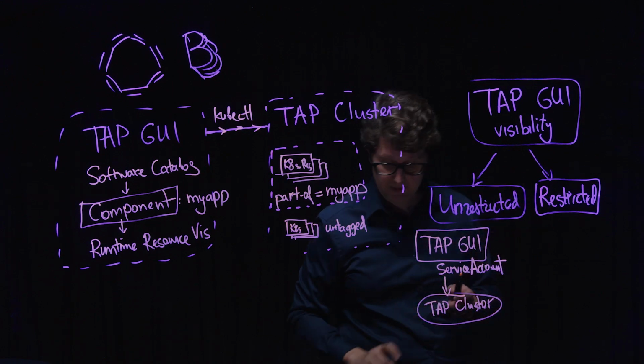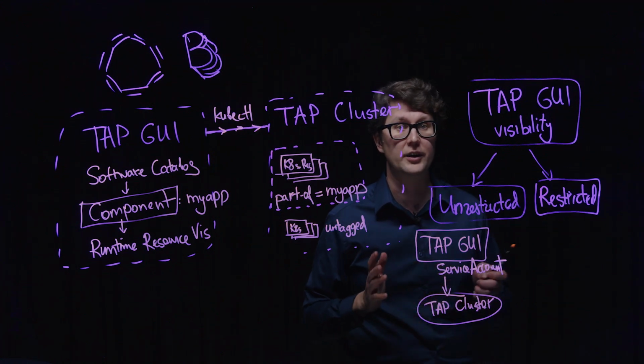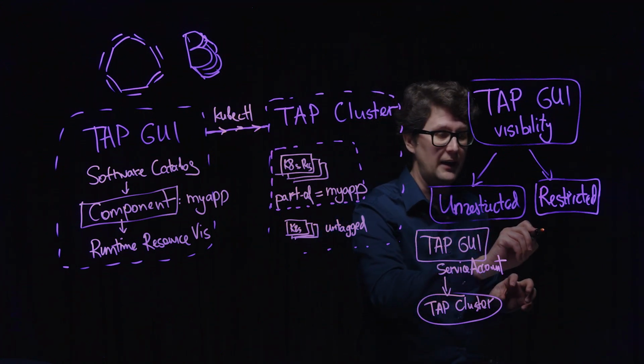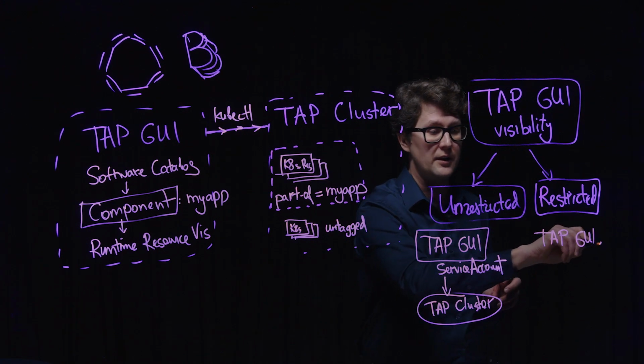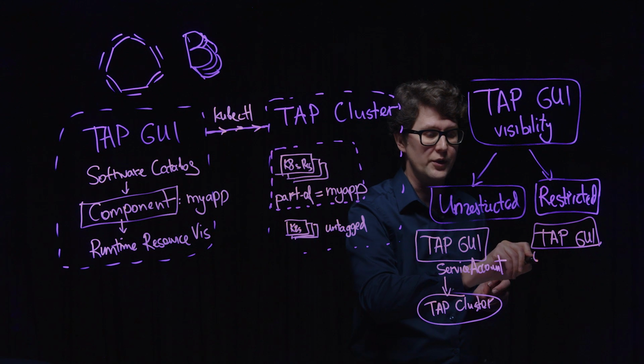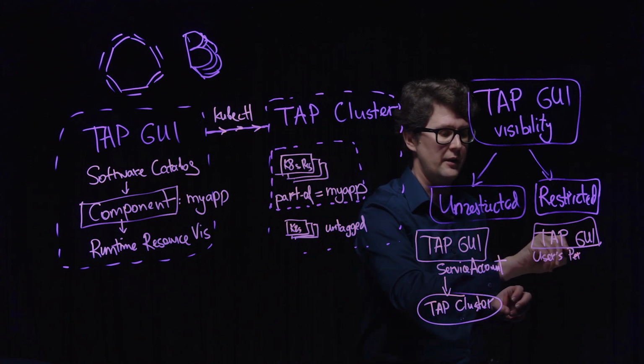In the restricted mode, we are abandoning that service account. We're not using it anymore. We're not giving it to our TAP GUI, but instead we're using all the users' permissions here.